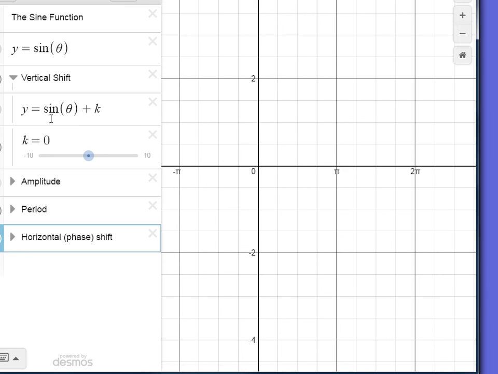It should not come as a huge surprise that we will add k to the sine of theta in order to move it up and down. Right now k is 0, and so we get a sine wave that looks like this. This is what we would graph if we had to graph a sine function of theta by hand.